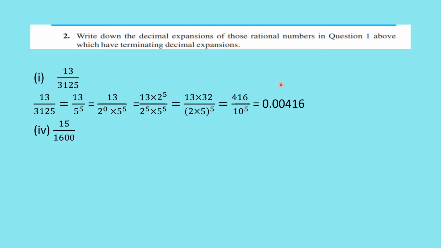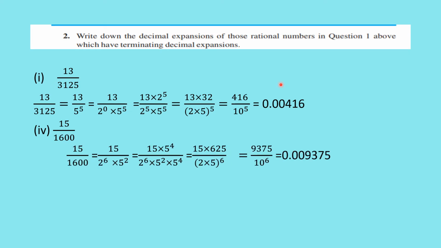Moving to question number 4, 15 upon 1600. The same way you have to factorize the denominator, that is 15 upon 2 raised to 6 multiplied by 5 raised to 2. To make the denominator a multiple of 10, here 2 has the highest power, that is 6. So you have to get the power of 5 as 6.